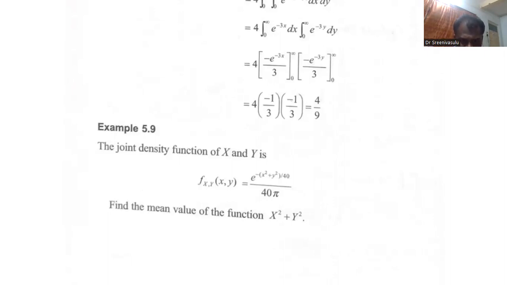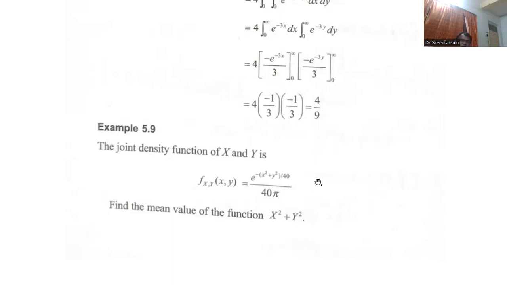Find the mean value of the function x² + y². For the previous problem and this problem, there is a function: previously it was e^(-(x + y)), and now here there is x² + y².